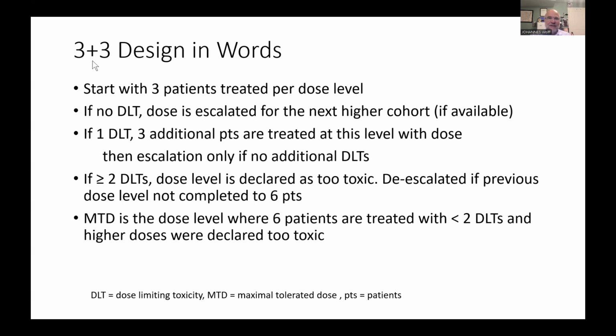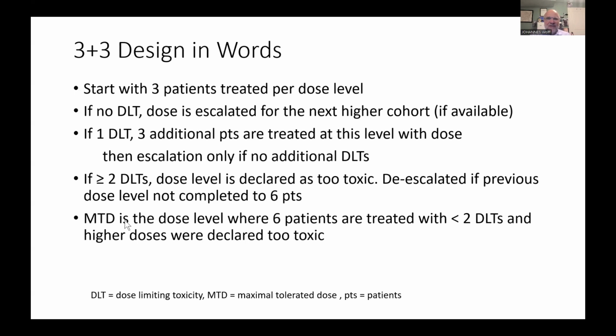dose level, 3+3. If there are 2 or more dose-limiting toxicities among the first 3 patients, then that dose level is too high and de-escalation to the previous dose level is recommended. This goes for a while until the maximal tolerated dose can be determined.